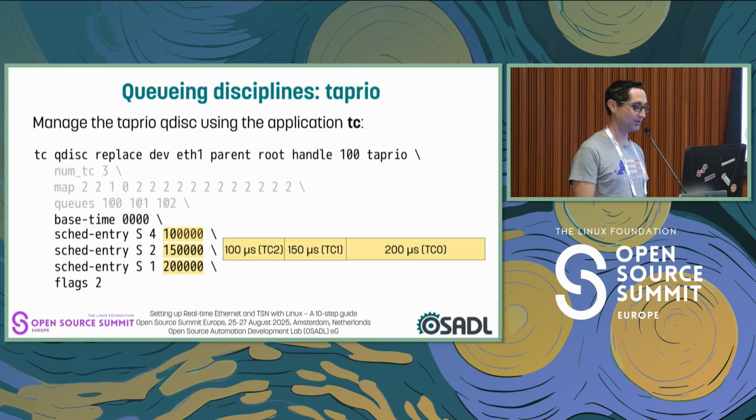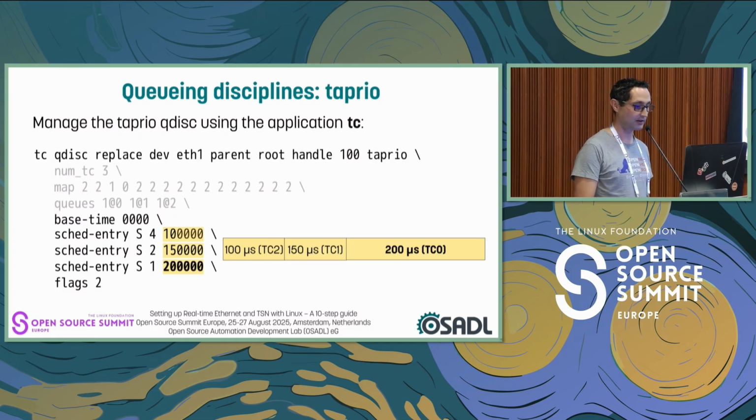And the number at the very end is the time, is the schedule, right? So what we do with this setting, traffic class 0 will be scheduled for 200 microseconds, and then it won't be sent, right? Then the next gate opens. We have reserved 150 microseconds for traffic class 1, and we have reserved another 100 microseconds for traffic class 2.